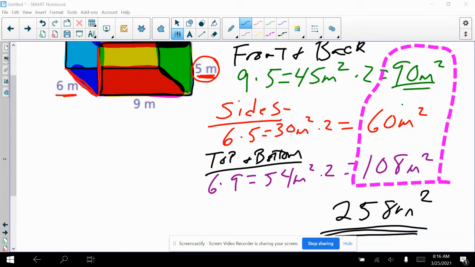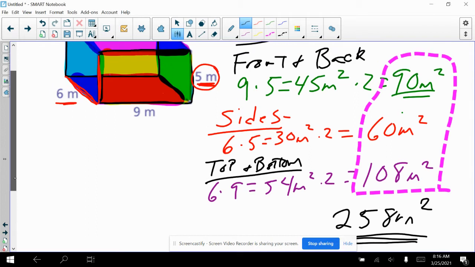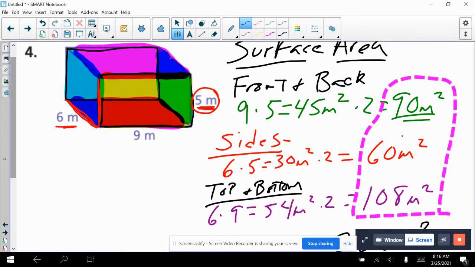Now, here's the nice thing. We're gonna encounter some other objects here in a minute. But here, what do you notice about our mathematics with a rectangular prism? It's a lot. Well, you haven't seen anything yet. You think that's a lot? How many calculations did you actually do? You did 3, right? But there's 6 sides.